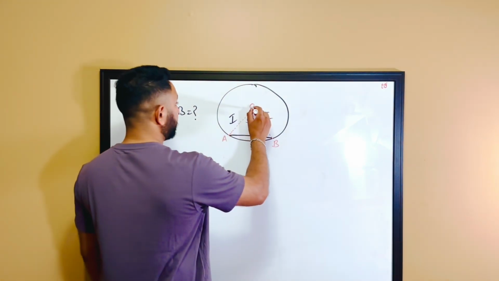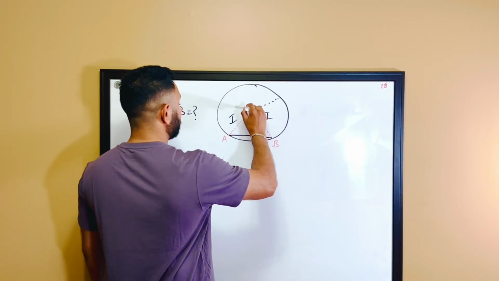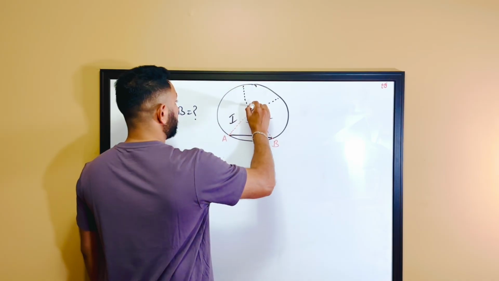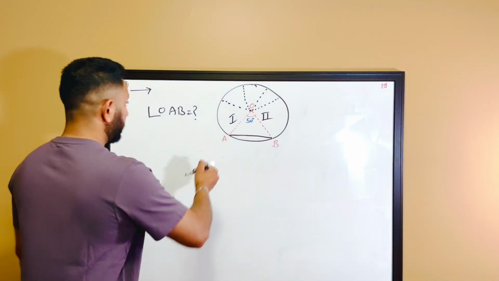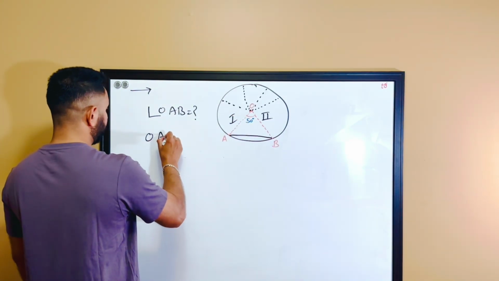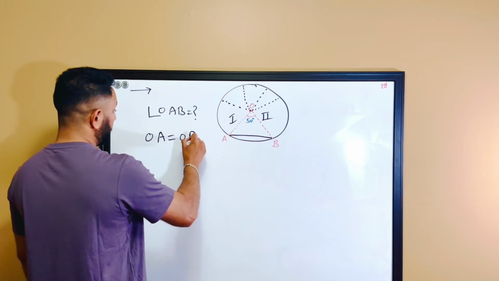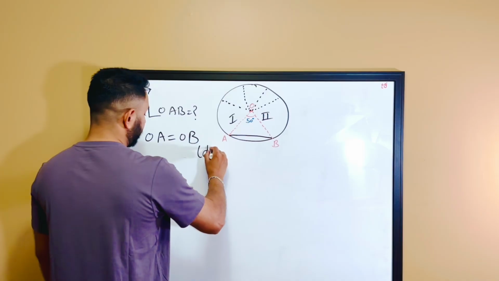So if we draw the radius like this, the distance will be the same. So OA and OB are the same, like the length of OA and OB is the same. That means their dimension is the same.